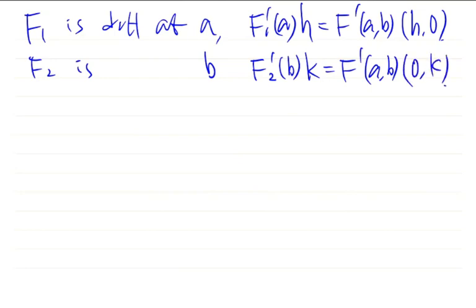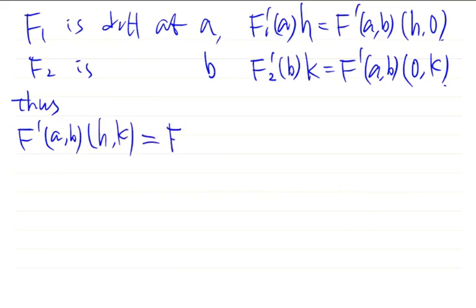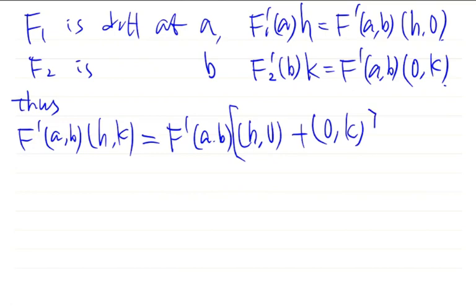So the derivative of F at (a, b) acting on (h, k) can be written as the derivative of F at (a, b) acting on (h, 0) plus (0, k), since (h, k) is (h, 0) plus (0, k). Now the derivative of capital F at (a, b) is a matrix, or a linear map.